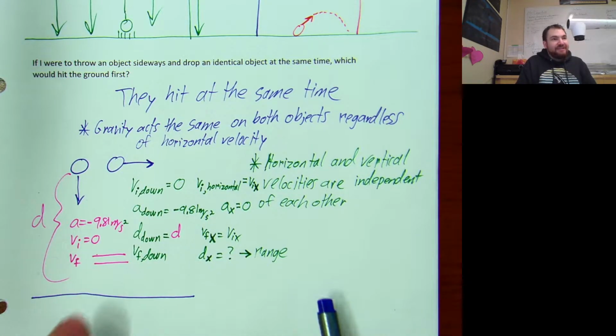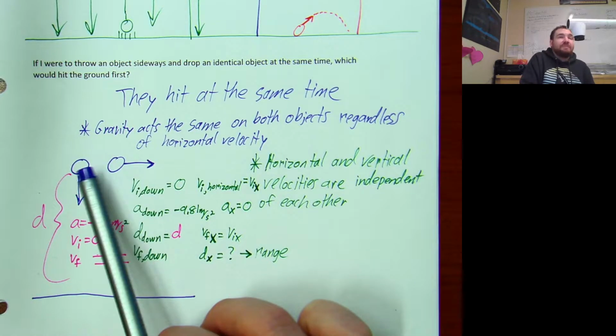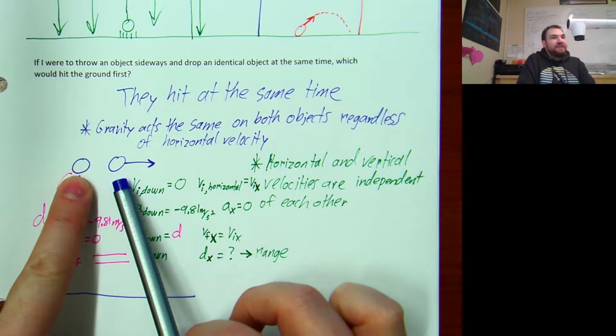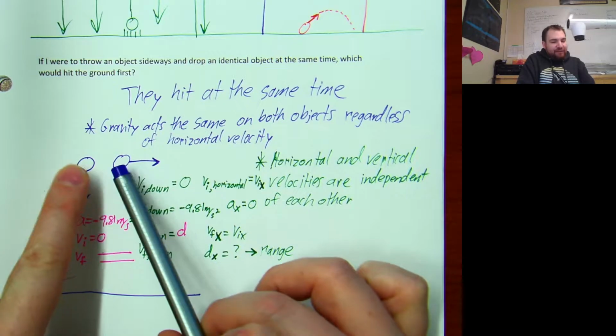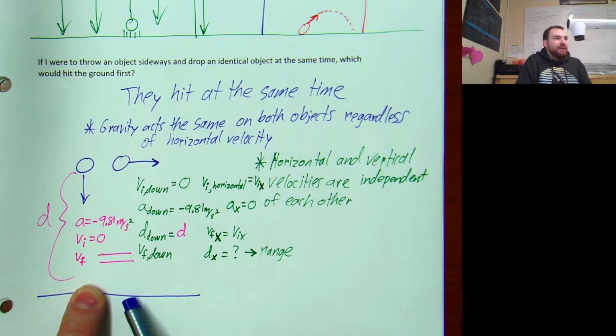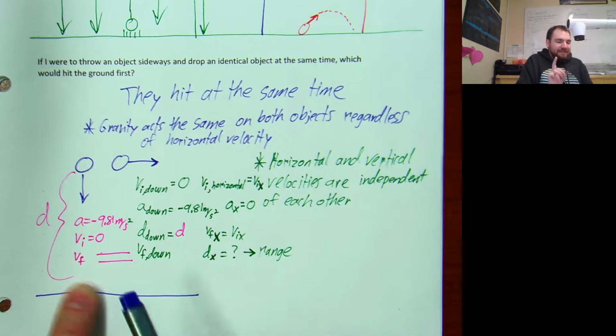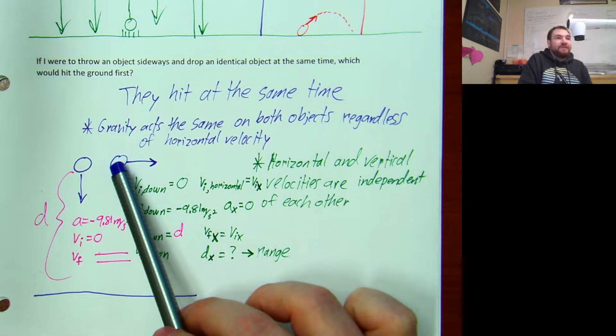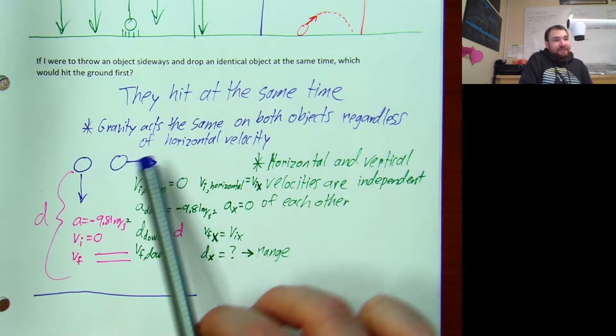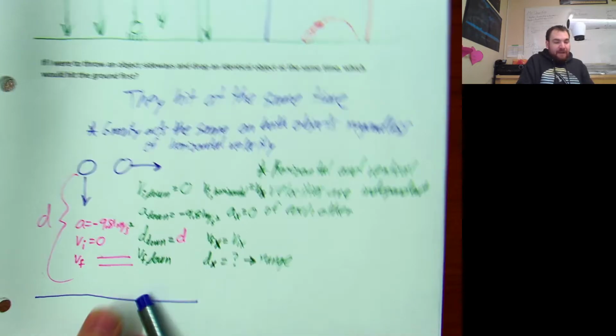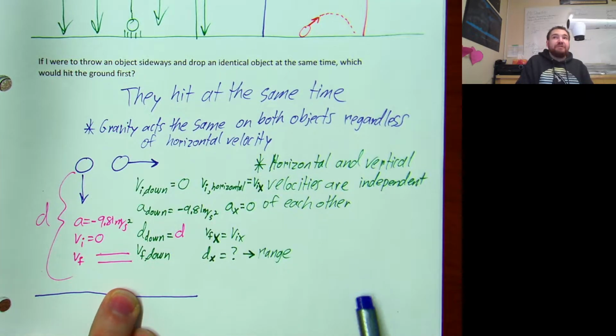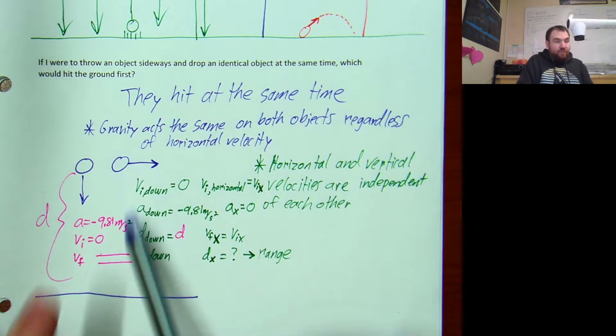They hit at the same time because they have the same vertical acceleration. They're both being accelerated downwards at negative 9.8 meters per second squared. It doesn't matter that this one has been given a sideways velocity as well, because that sideways velocity is just going to give it a trajectory that'll land it over here. These two objects will still hit at the same time.